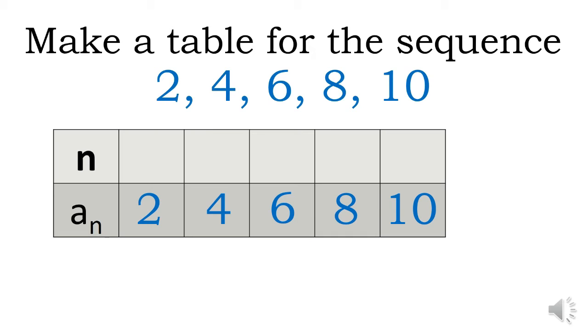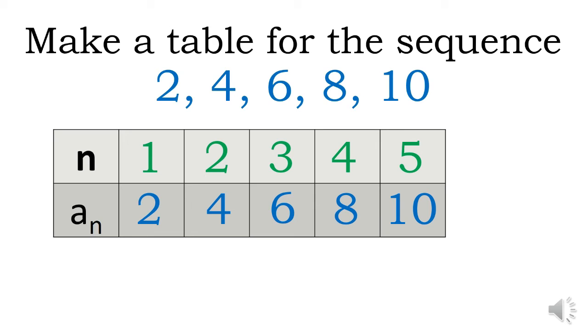For instance, since 2 is the first term, its n value is 1. Since 4 is the second term, its n value is 2. Since 6 is the third term, its n value is 3, 4 for 8, and 5 for 10.